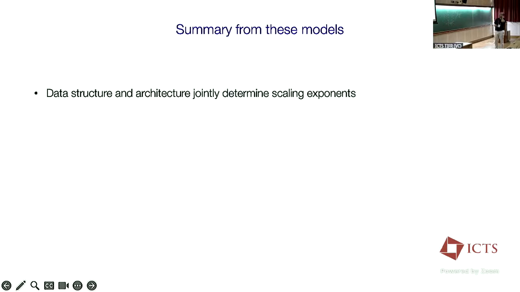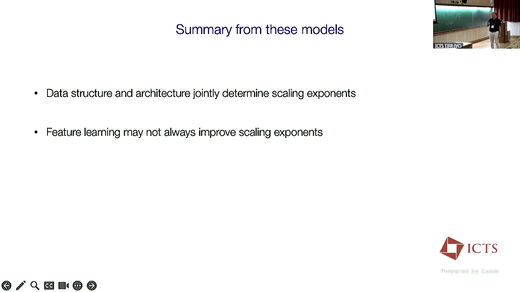Okay, so actually, good. I'm 5 minutes early. So the summary is, perhaps an obvious point, but here you see explicitly that data structure and architecture jointly determine scaling exponents. It's also the case here that feature learning may not always improve scaling exponents.